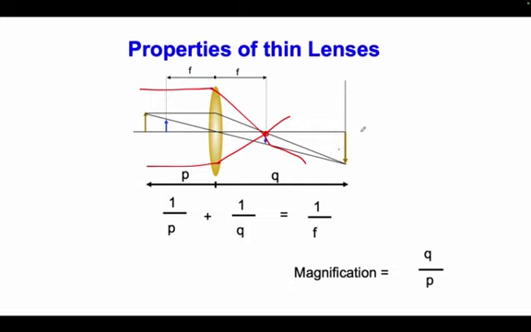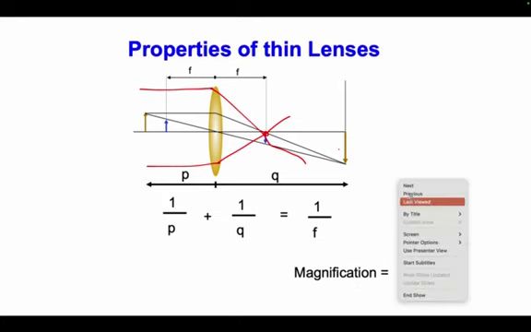And if we define this object distance between the lens and the object as p, and the distance between the lens and the image as q, then we can determine what the magnification of this image is. So you can see that this image is actually bigger than the object itself, right? That means that by passing the light through the lens, we've obtained a magnified image of the object. And through this relation, we can determine what the magnification of the image itself is.